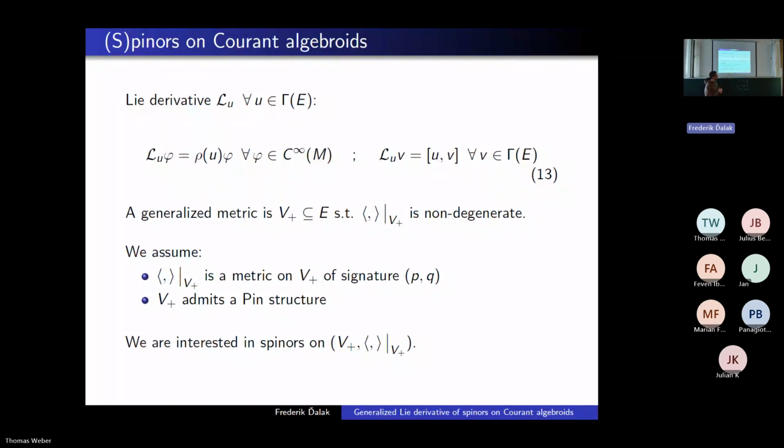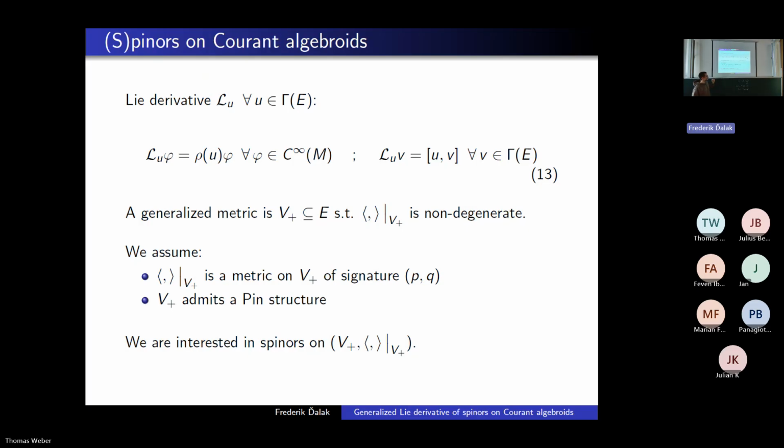Then we can look at the definition of a generalized metric on a Courant algebroid. It is defined as a subbundle V plus of the Courant algebroid such that the restriction of the pairing on this V plus gives you a non-degenerate metric on V plus. Now, I guess many times if you look up the definition of the generalized metric, there are some further requirements, and this is the minimal version because you want it to be as general here as it gets.